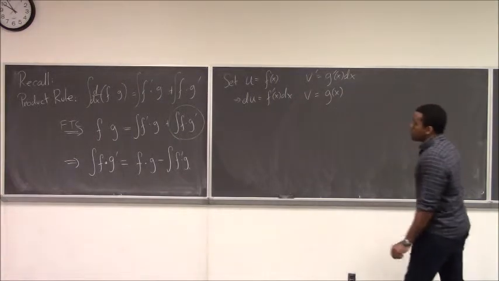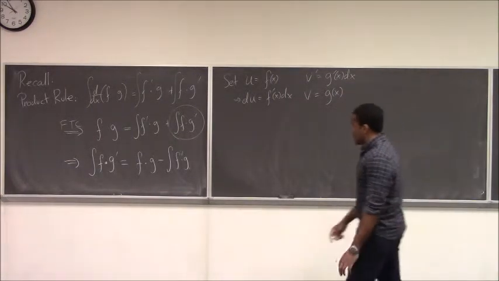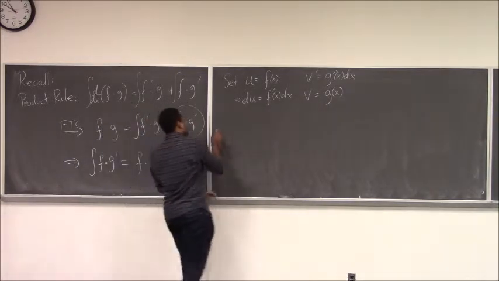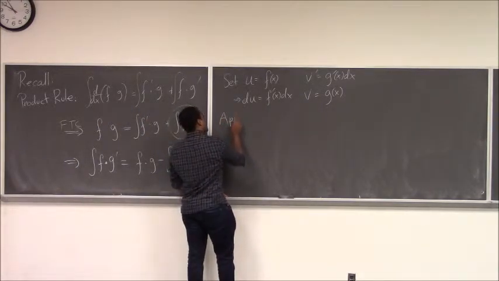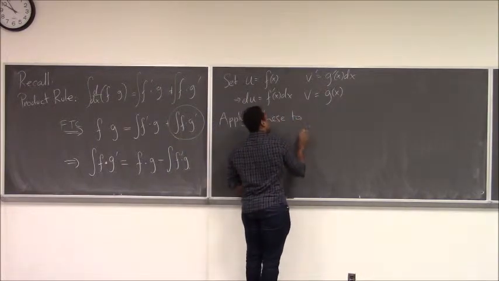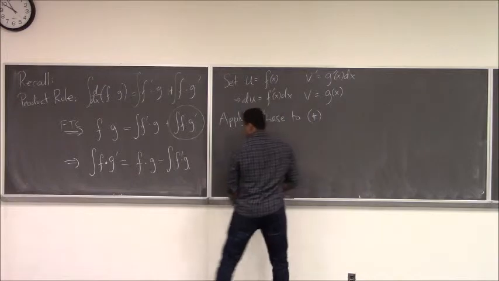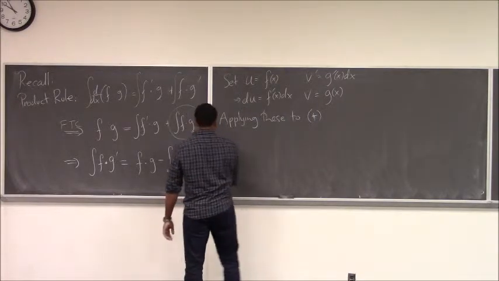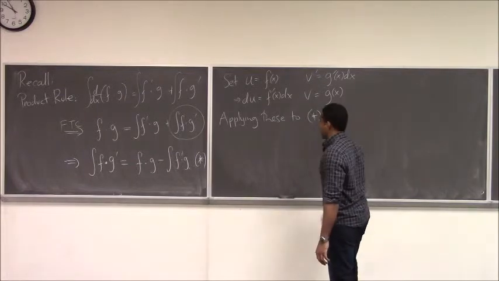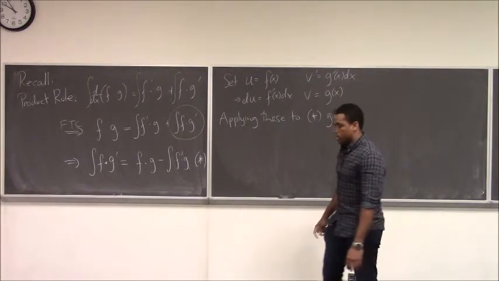Right, so I set u equals f, and I set v equals g, and I wrote them in a suggestive way. Applying these to the star gives the following kind of rule that we can look at.